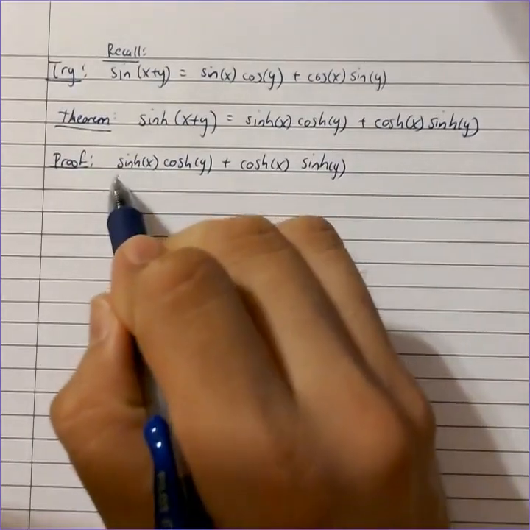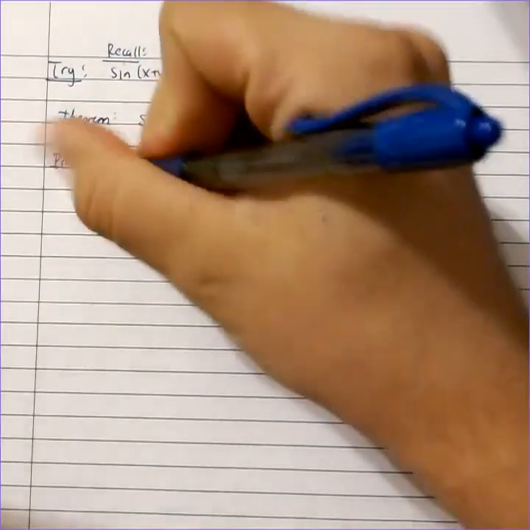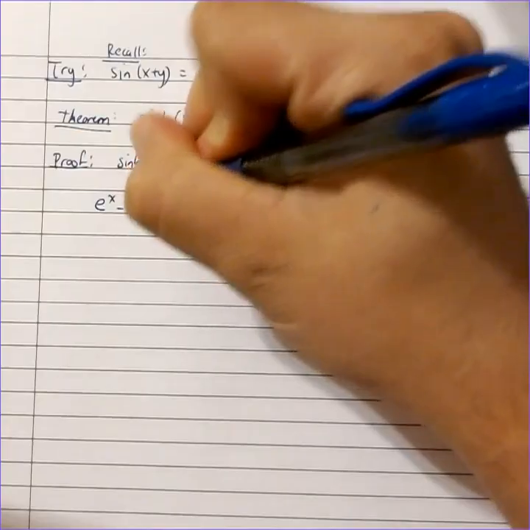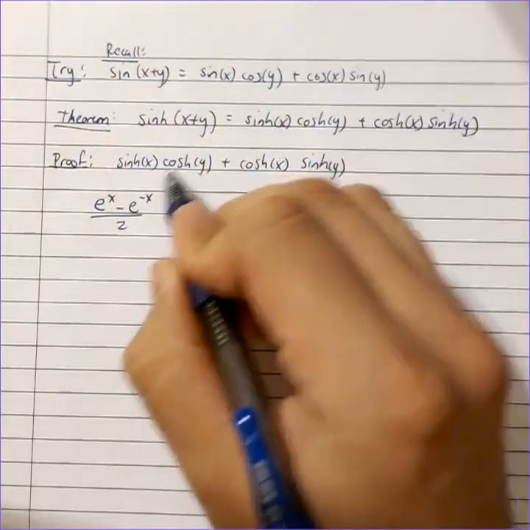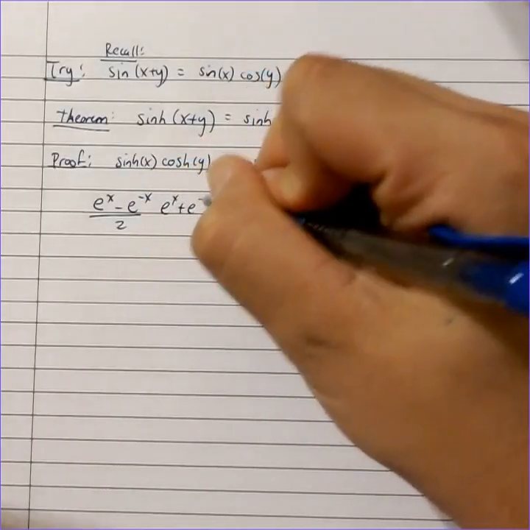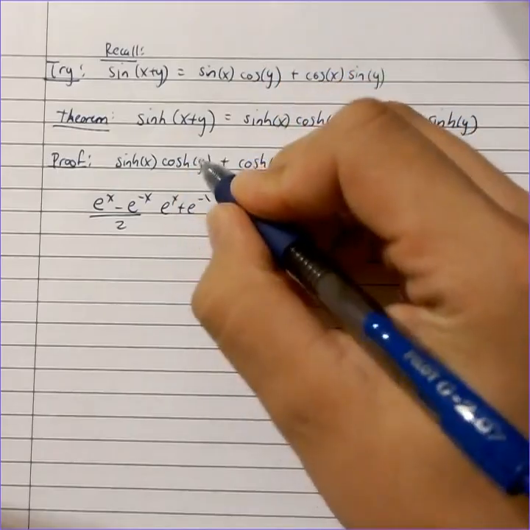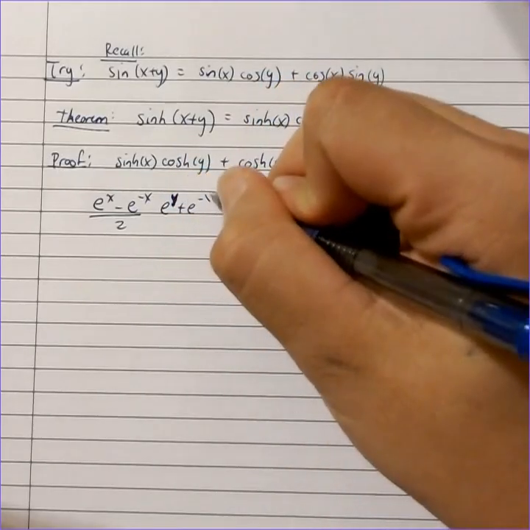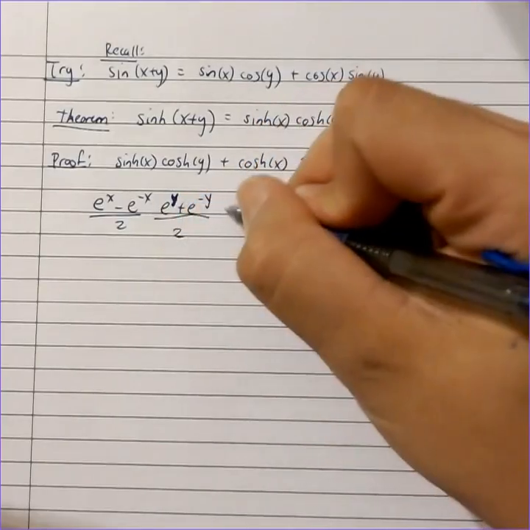So now we can write sinh of x as being e to the x minus e to the minus x over 2. And cosh of y, oh, no, that should be y, right? So e to the y plus e to the minus y over 2.